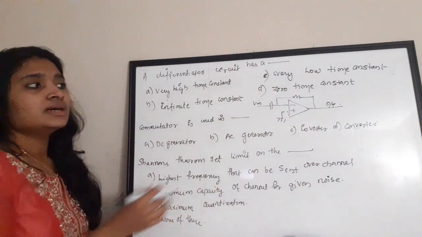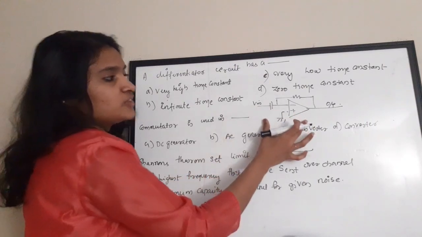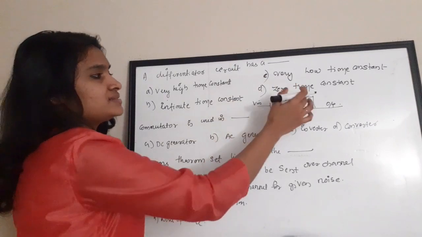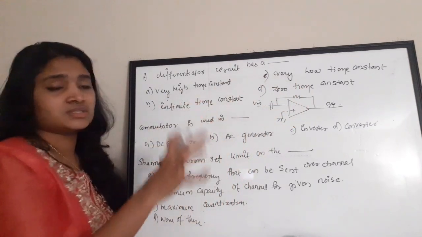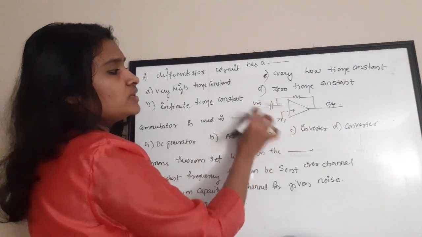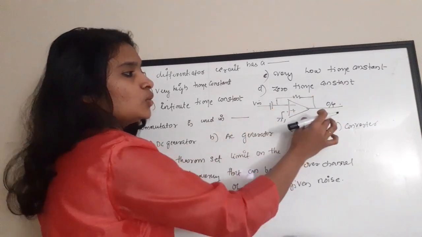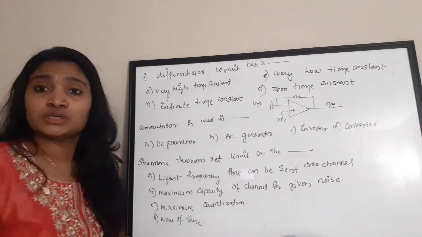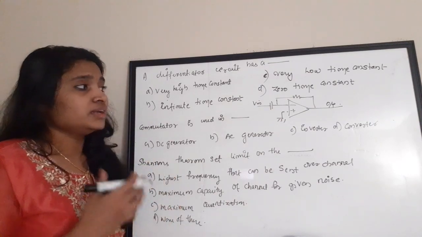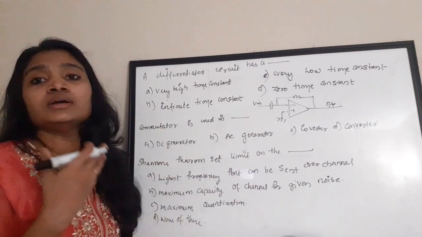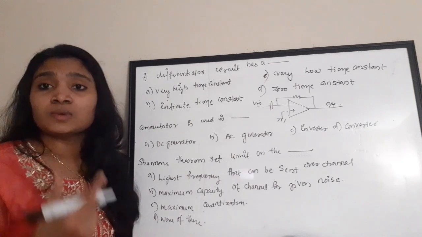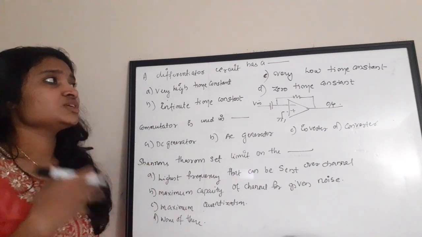So this is the differentiator circuit using an op-amp, a capacitor and a resistor. Here the output is directly proportional to the rate of change, or the time variation, of the value of your input.